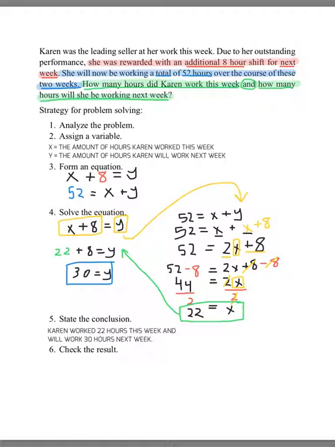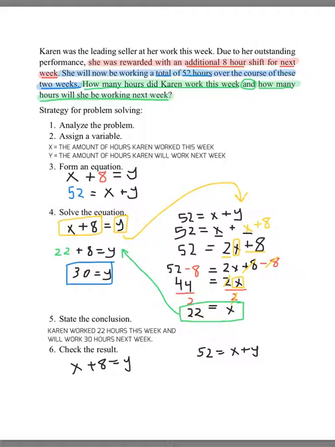So now let us go ahead and check the result. Again, when checking the result, you always want to start off with the original equation found in step 3. So we'll have x plus 8 is equal to y. That's our first equation. And your second equation is going to be 52 is equal to x plus y.